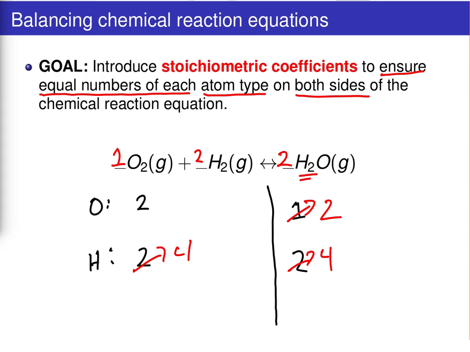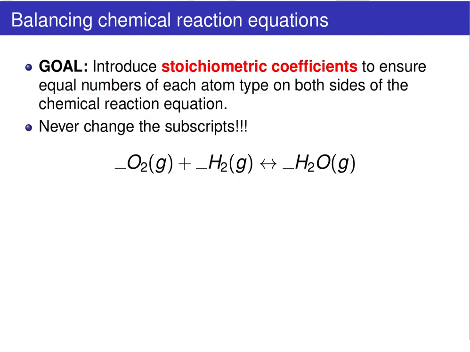Now, when balancing chemical reaction equations, remember we are introducing these stoichiometric coefficients. Under no circumstances should we be changing subscripts. So we balance this reaction by introducing our stoichiometric coefficients, but never modifying any of the subscripts that show up in either the reactants or products.